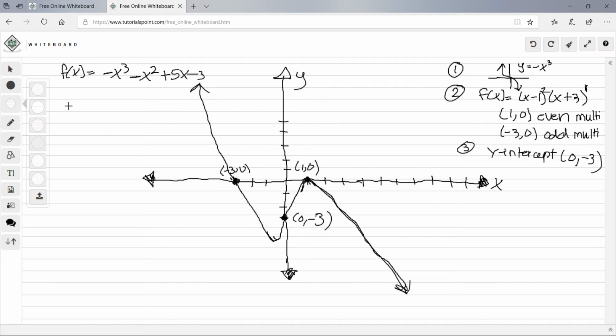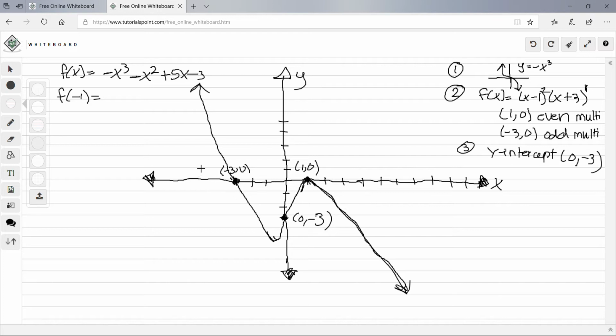If you want it to look really detailed, you could plug in -1 and you will get your y value. But this is just the basics.